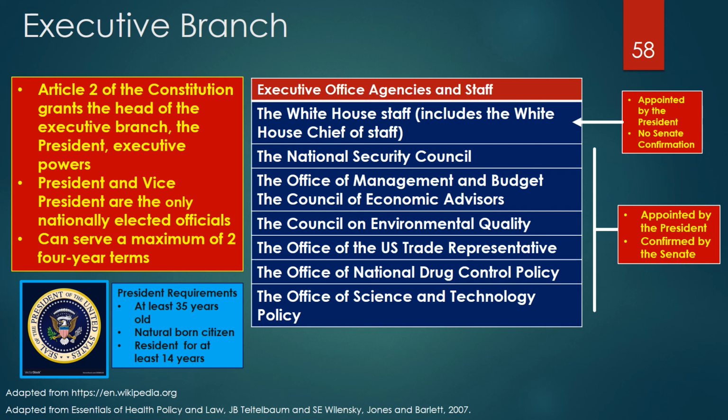The directors of these executive office agencies are appointed by the President and do require Senate approval. The exception is the White House staff and Chief of Staff, who are appointed directly by the President and do not require Senate confirmation.